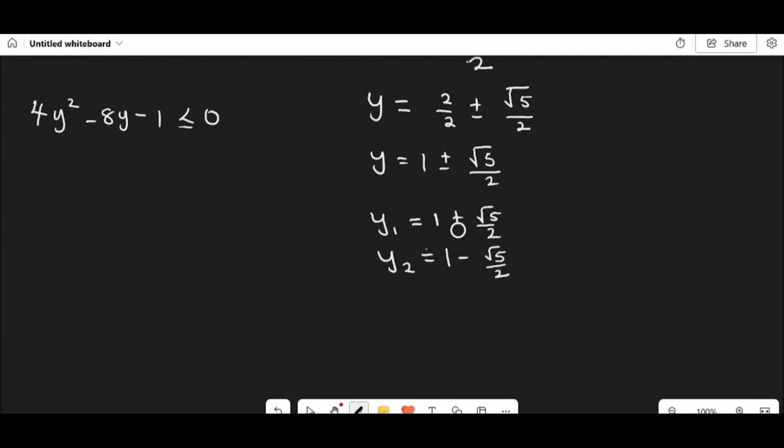These roots will definitely be inclusive because these are the roots of this quadratic equation.